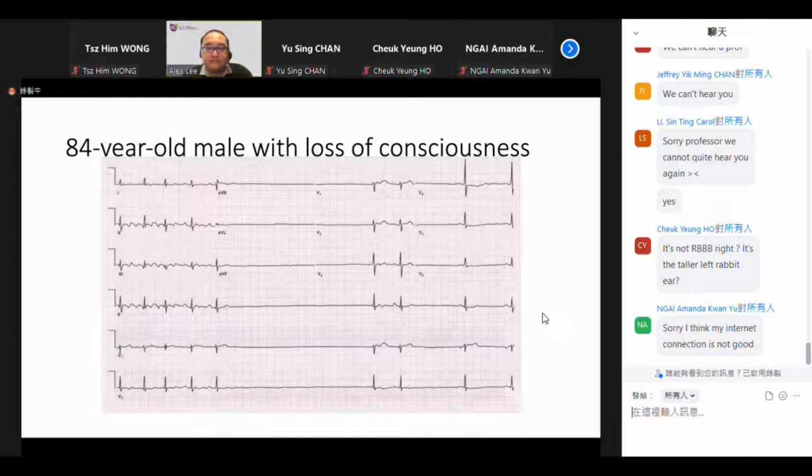Yes. Okay, so do you think it is still junctional? If it's a ventricular rhythm, what do you expect to see? Wide QRS complex. Do you see any wide QRS complex during the period of no electrical activity?